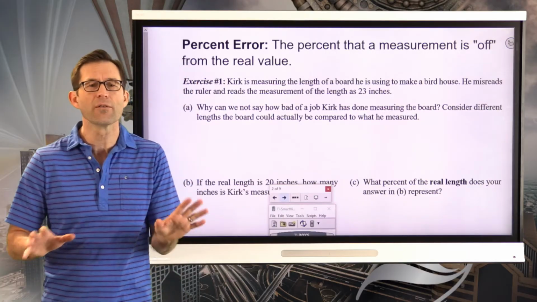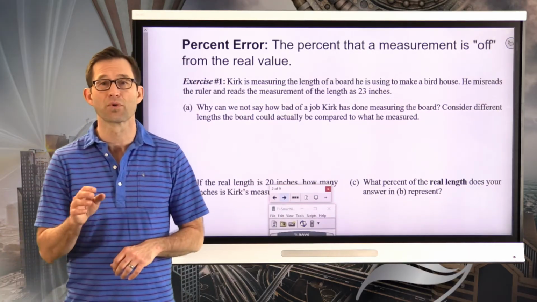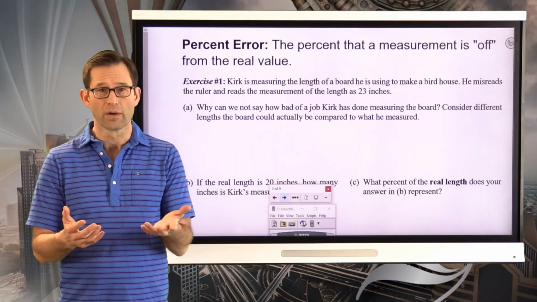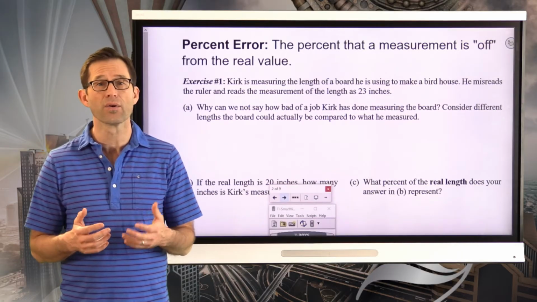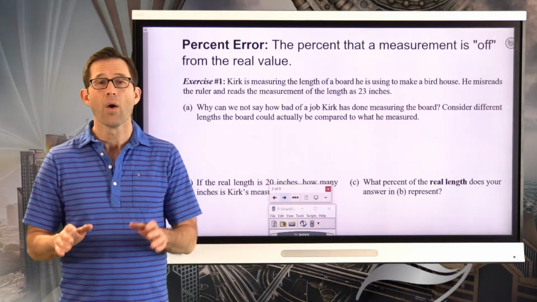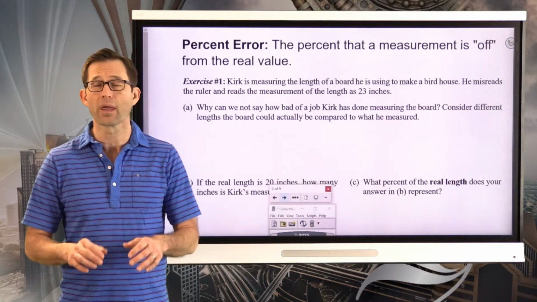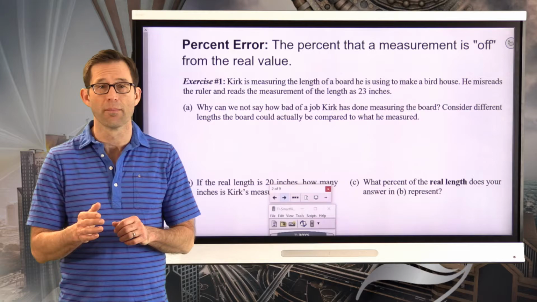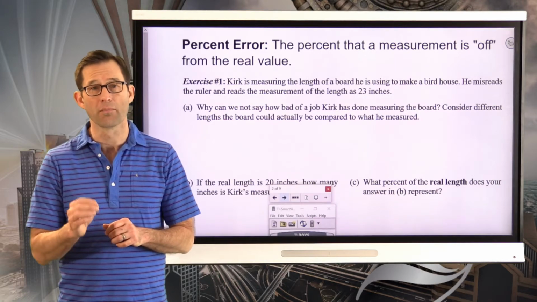The first thing we're going to look at is what's known as percent error. And look, it's this simple. Percent error is simply the percent that a measurement is off from the real value. In science, engineering, anything where we measure something, we hardly ever measure it perfectly.